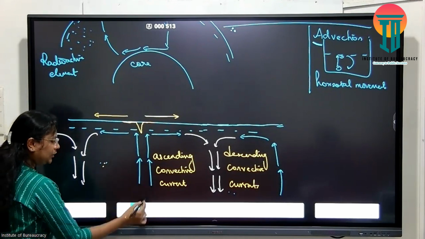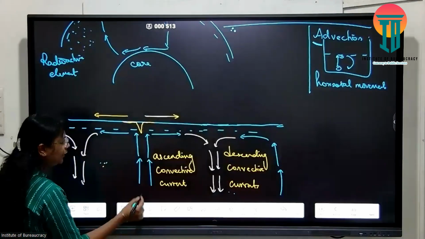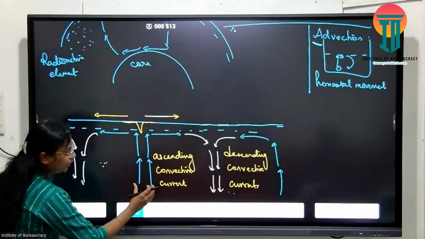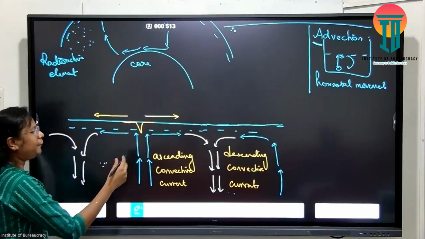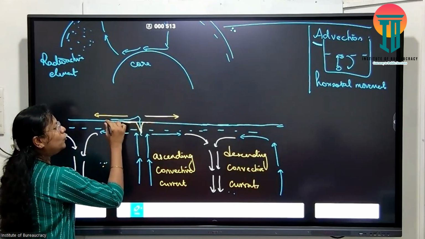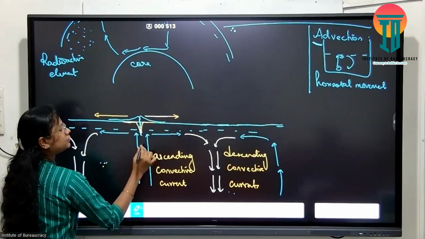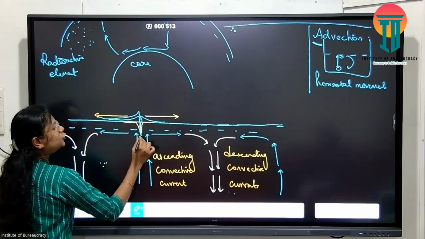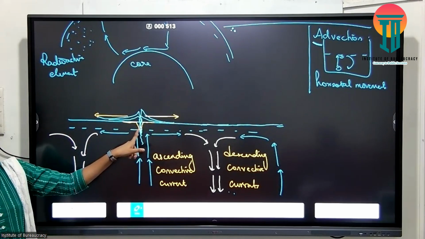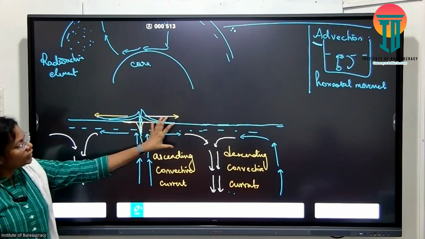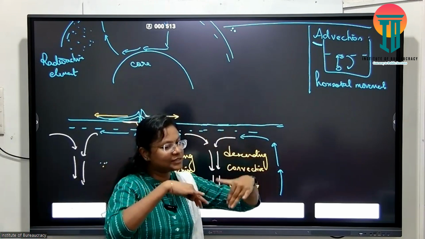Appo enna nadakum? The possibilities are more that the magma, the ascending convective current being molten rocks, so my magma can easily outpour through the diverging zones. The concept புரிஞ்சுக்க முடியுதா? Now what is happening when the convective currents are descending down?